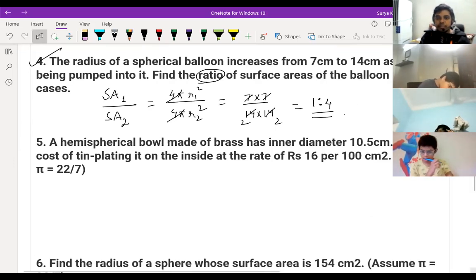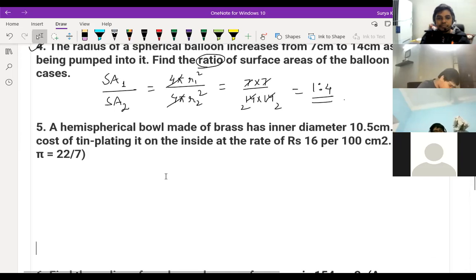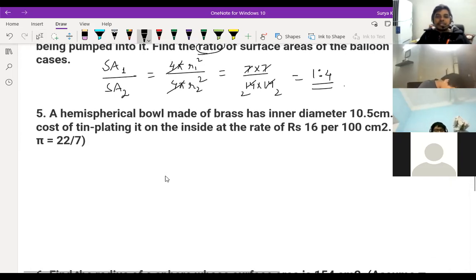So, a hemispherical bowl made up of brass has inner diameter 10.5 centimeter.